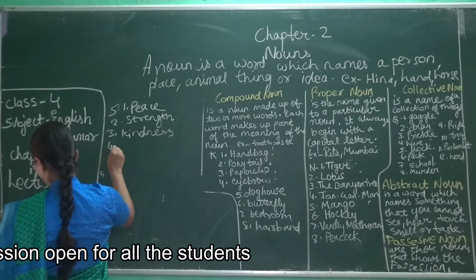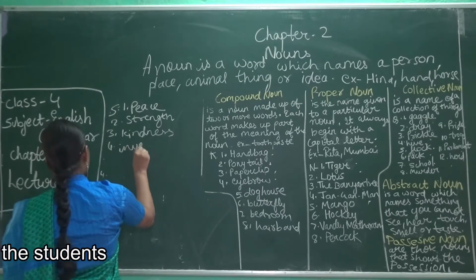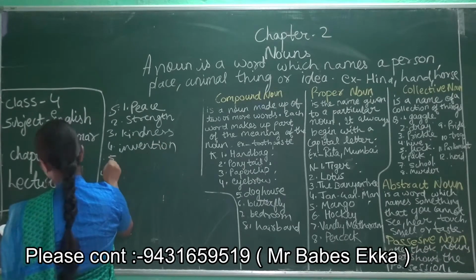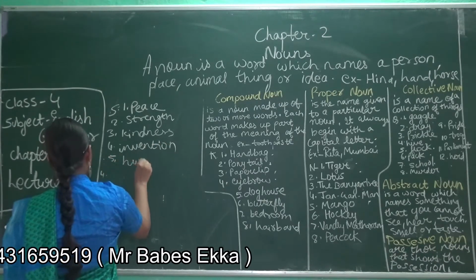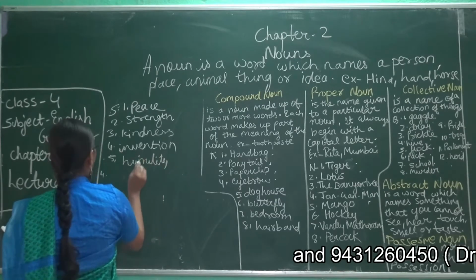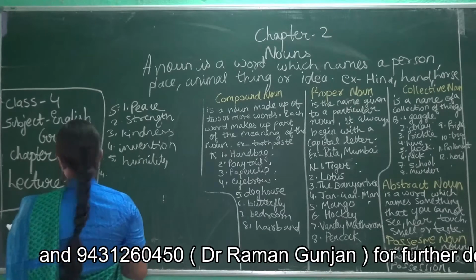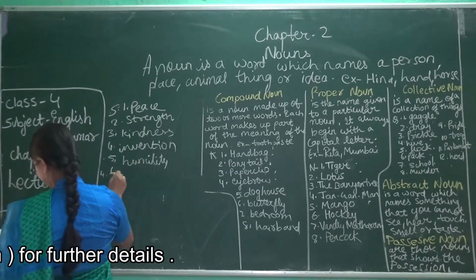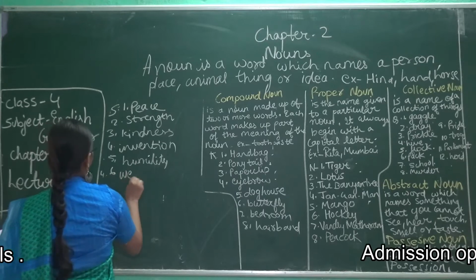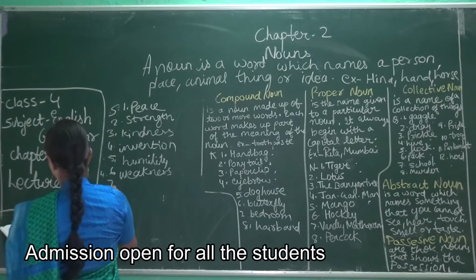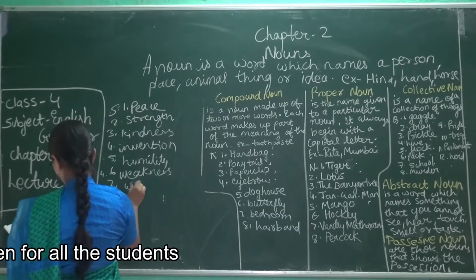Number 4, for invent it is invention. For humble it is humility. Number 6, for weak it is weakness. Number 7 is wisdom.